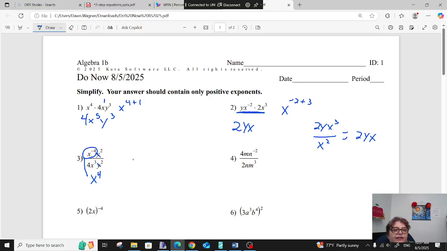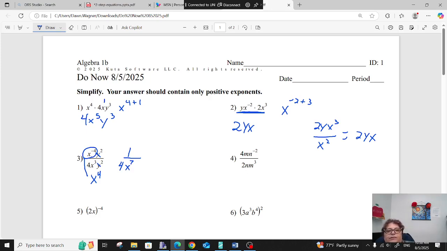Now there's nothing on top, so I do have to keep a numerator. So I'm going to put a 1 up here. I'm going to have a 4. What's the exponent? We have x to the 3rd power times x to the 4th power. You add those exponents, so I get x to the 7th power. Very nice.